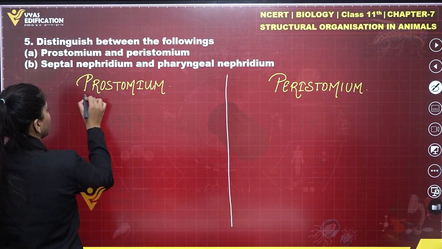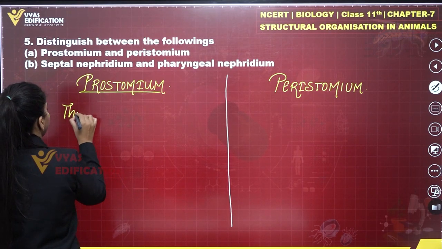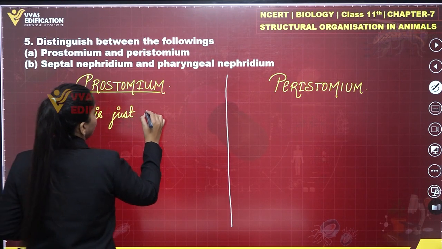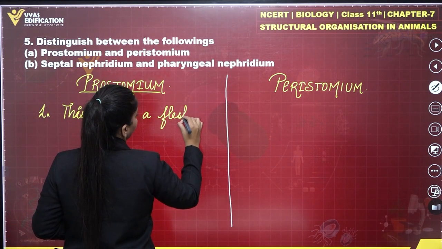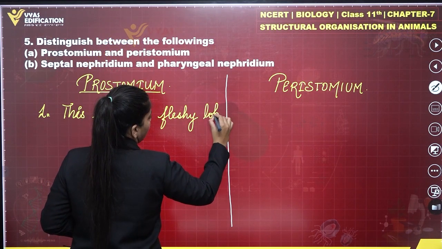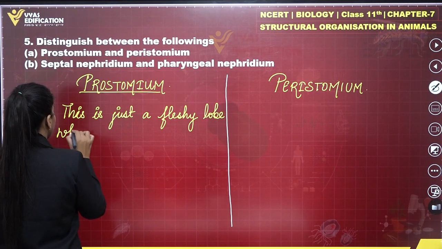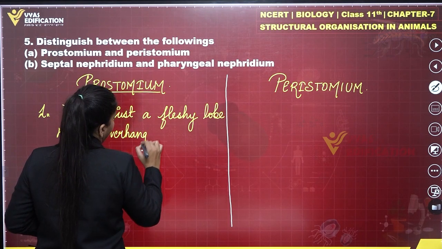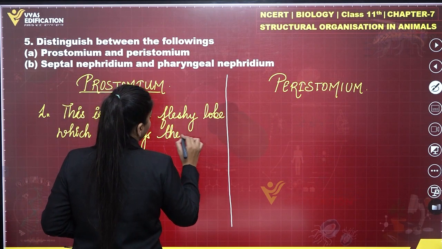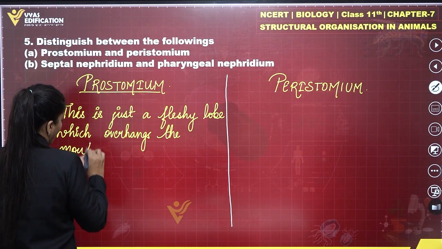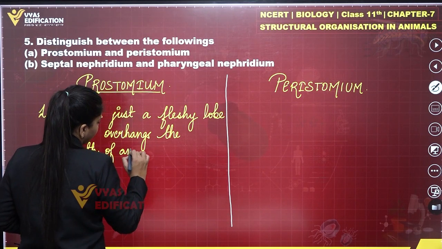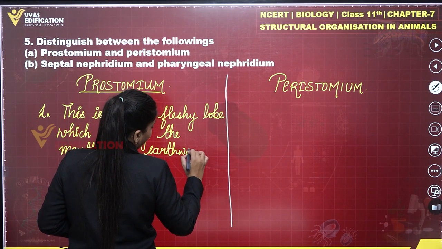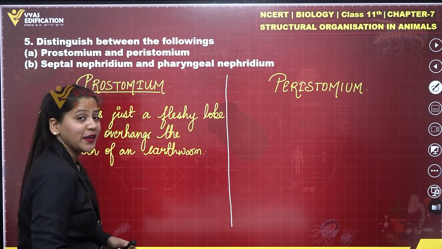So we write: this is a fleshy lobe which overhangs the mouth of an earthworm.